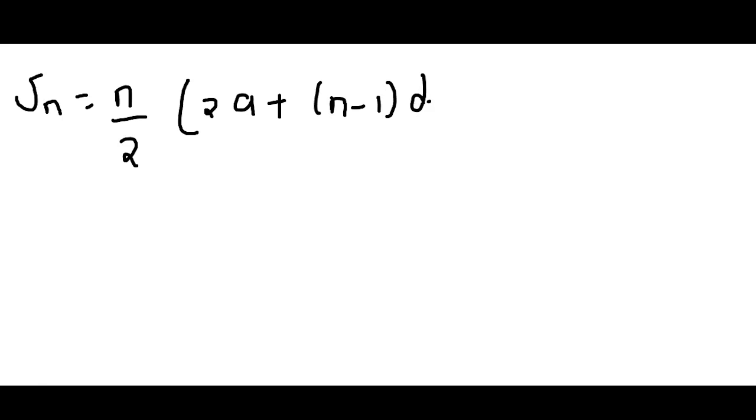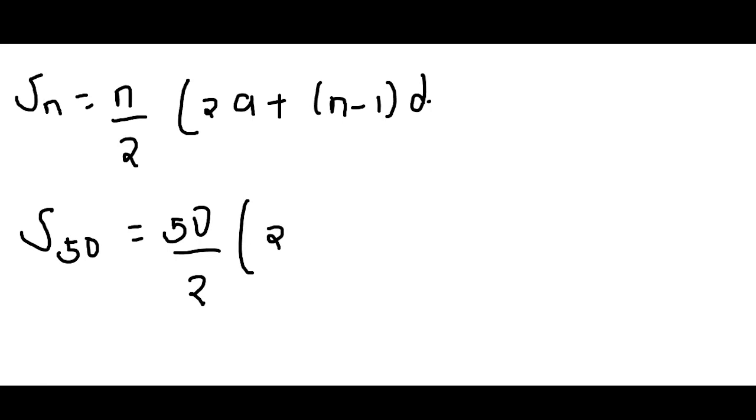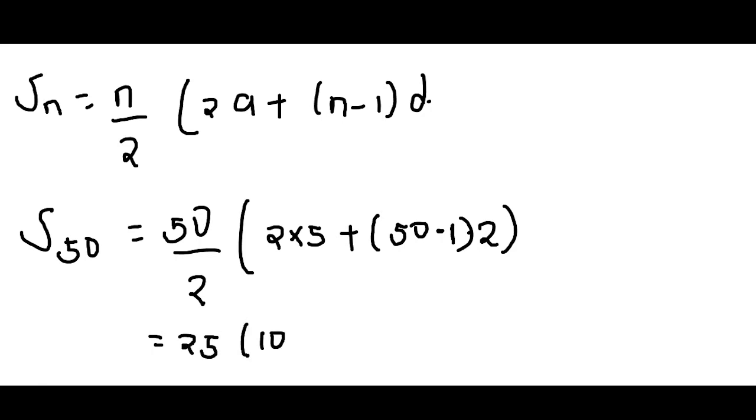Let's first write S50. The number of terms is 50 over 2. Our first term is 5, so we multiply here by 5, plus n is 50 minus 1, and the common difference is 2. So here we are left with 25 into brackets 10 plus 49 times 2, which is 98.